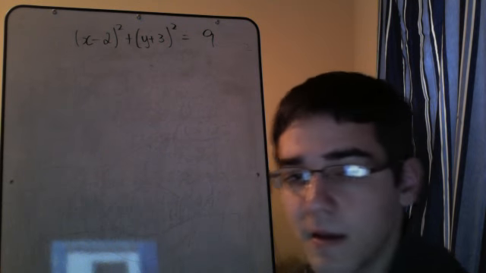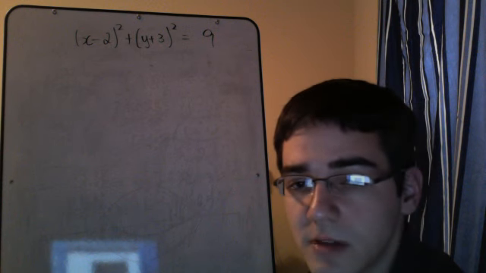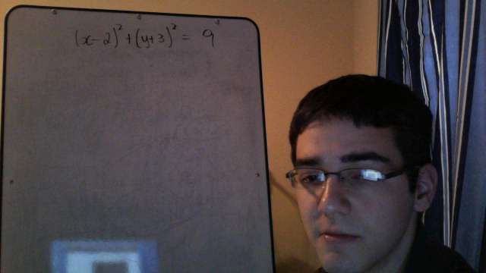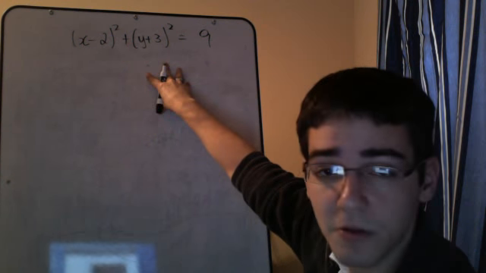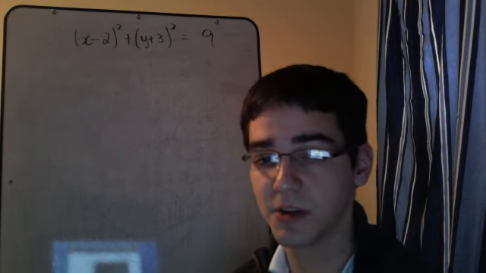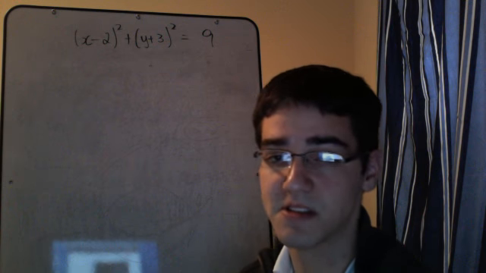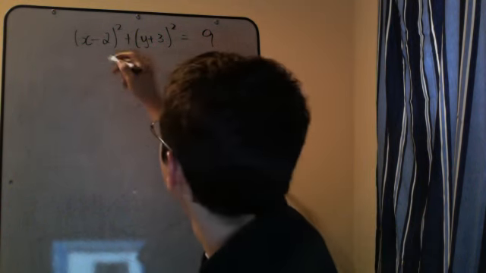Here I'm going to make this as simple as possible. Let's start with a more basic form of this. Let's pretend we're not moving this around, and the center is 0, 0. So let's look at x squared plus y squared equals 9.